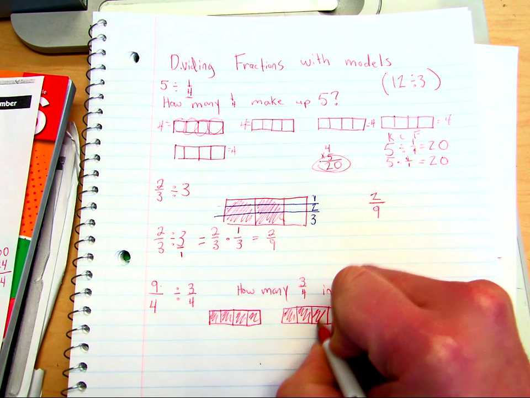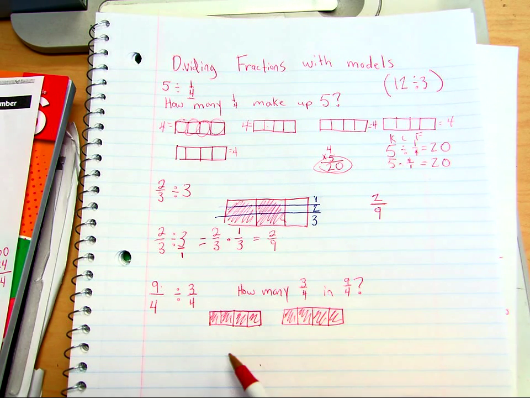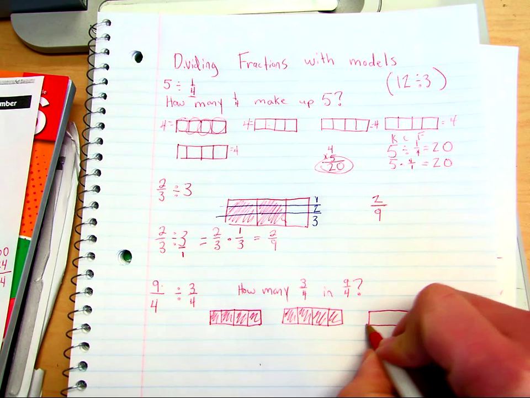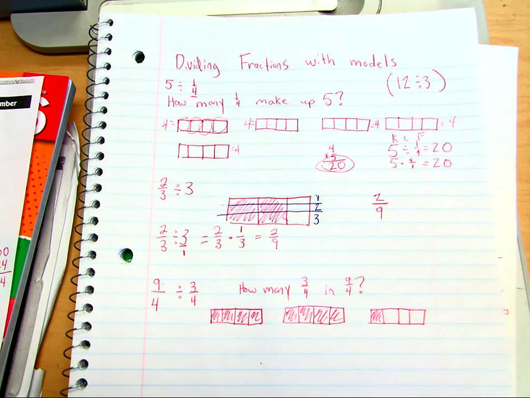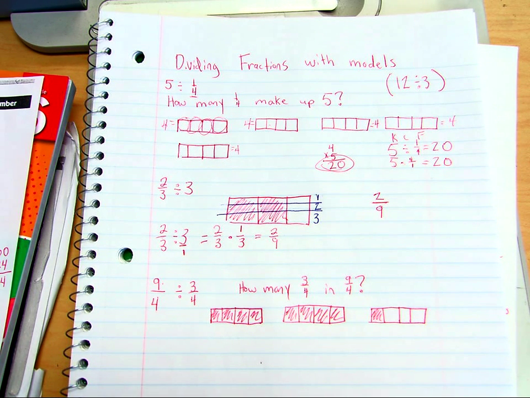And now I have 8/4. 1, 2, 3, 4, 5, 6, 7, 8. I need to make another one. And 8 and then 9/4 are shaded. 9 parts are shaded, and each whole has 4 pieces.